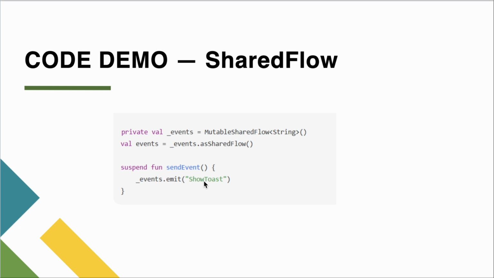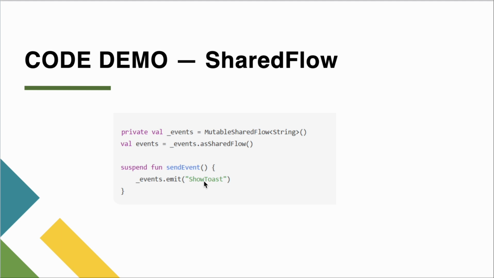If you emit something, all the collectors will receive it. It's like a group WhatsApp message which nobody asked for. Even if you're not asking for it, you will keep on getting the messages. That is what shared flow is all about. It doesn't wait for the collectors, it just focuses on emitting the data. And one good thing about shared flow is that you can replay the last values also.